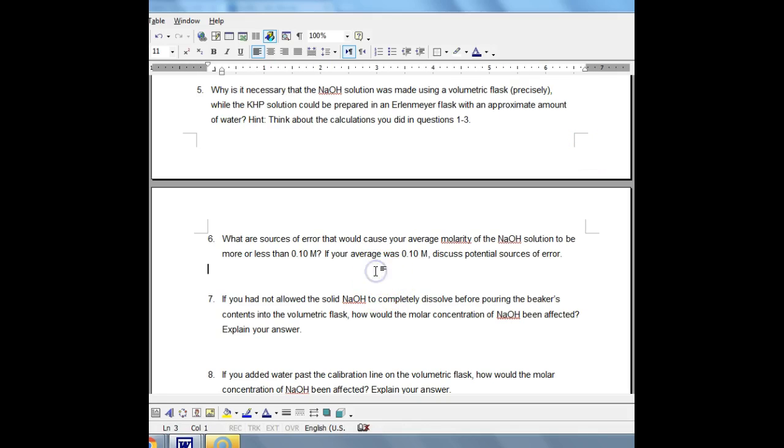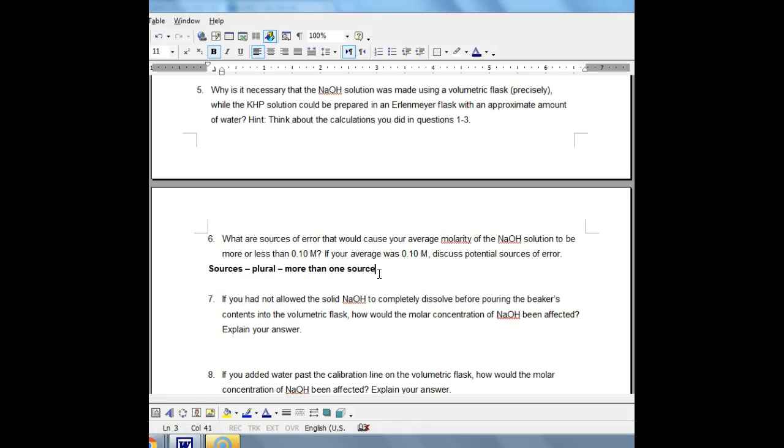Number 6, what are sources of error that would cause your average molarity to be more or less than 0.1? Sources is plural. So that means you need more than one source of error. What are reasons that you could have had a concentration less than 0.1? What are reasons you could have had one more than 0.1?